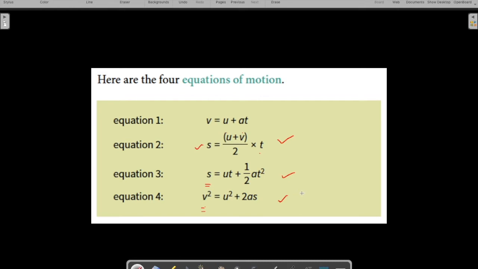Trust me, you can try working with any of the formulas. You will ultimately get the same answer. One of the most commonly used formulas for finding the distance or displacement is this one. So let us use this formula, though it is slightly complicated compared to the second one, but let's still go with equation number 3.